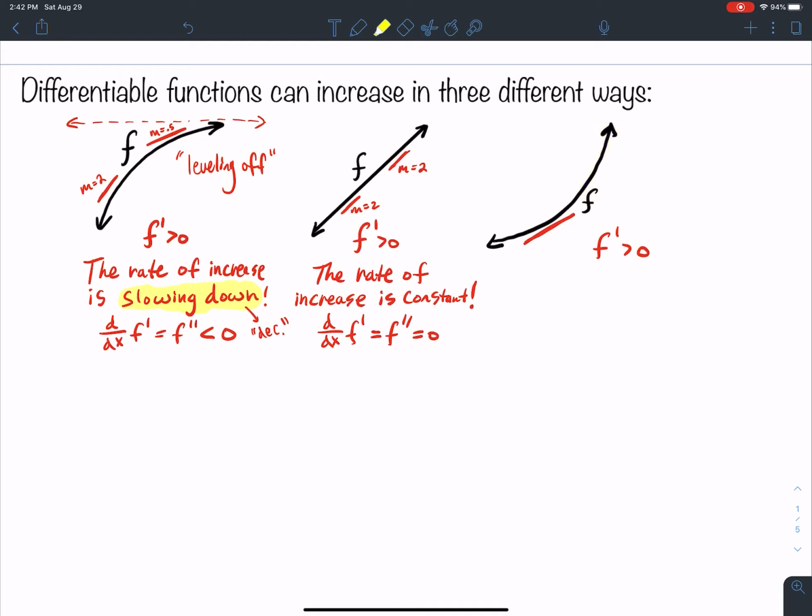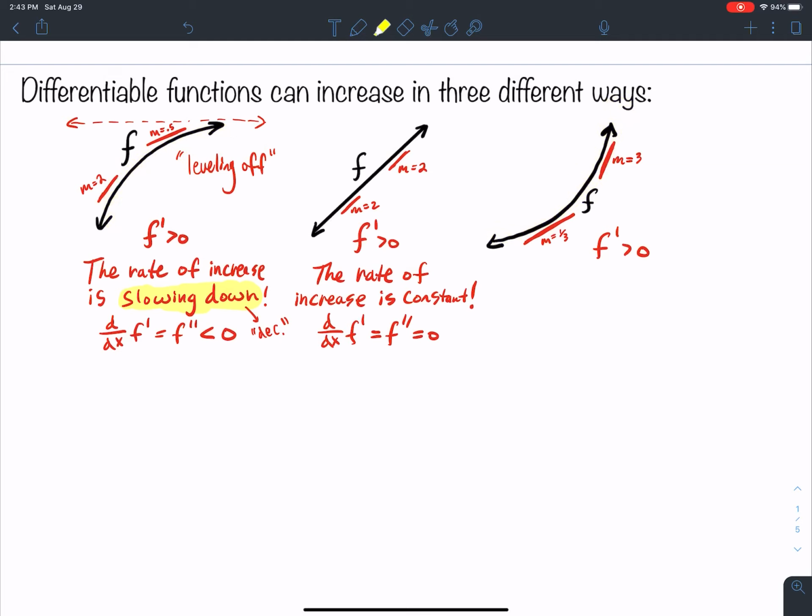So down here, maybe my derivative is like a third, but then over here, my derivative is like 3. Don't read too much into my numbers here. I know that these were kind of reciprocals of each other. I'm just picking numbers that were bigger or smaller according to if we were leveling off or increasing.